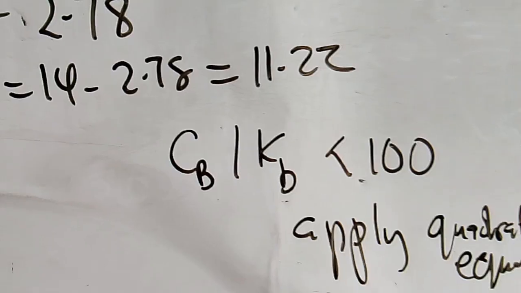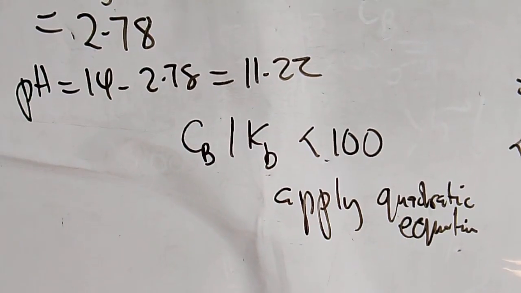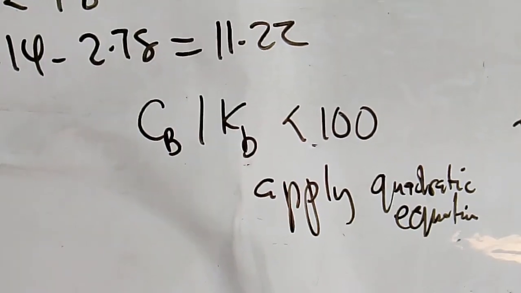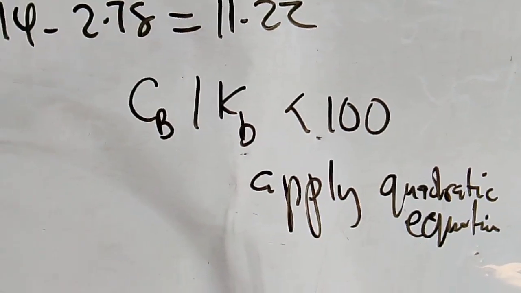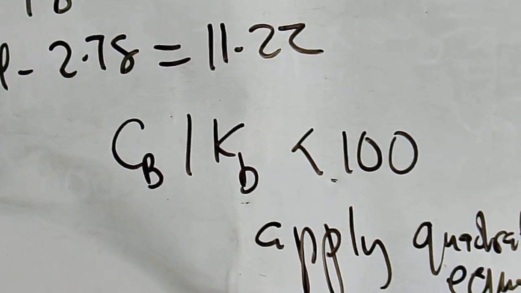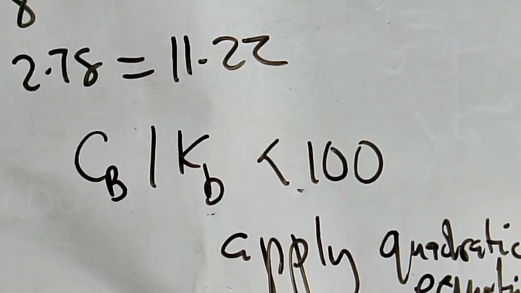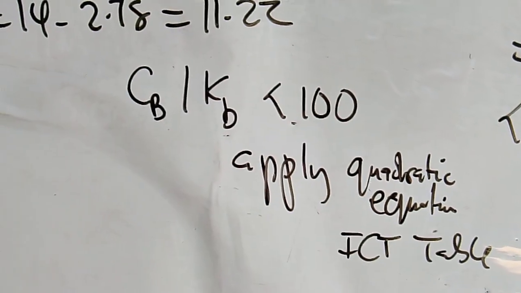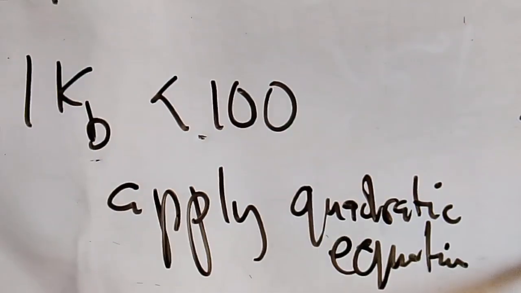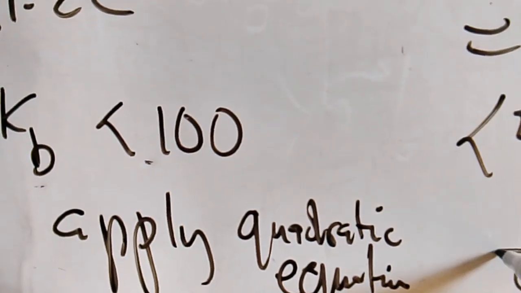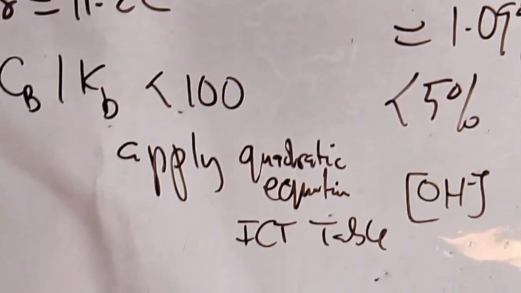You can do that the way we have done it for an acid. You apply the quadratic equation, meaning you form an ICE table, then form a quadratic equation, and x will be the concentration of hydroxide ion, the way we did it for acid.